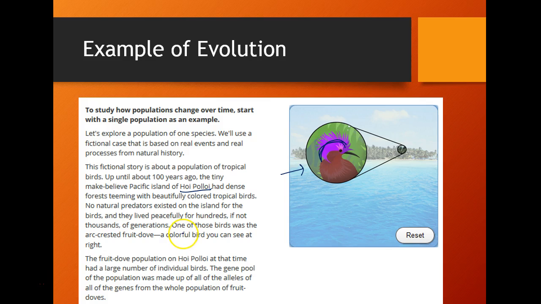They didn't really have any major predators, which means that they just lived in peace and they didn't need to worry about anyone eating them. And so you could see that these birds had these beautiful colorful feathers. If we were to look at the gene pool, remember, which is the total genes with all the alleles of this population, it would have the genes for, or the alleles for, purple feathers, green feathers, etc.